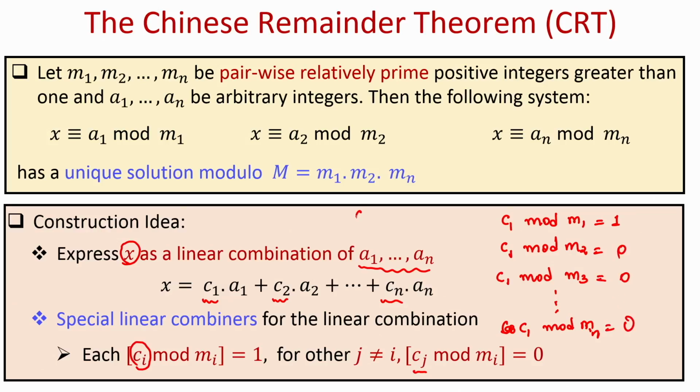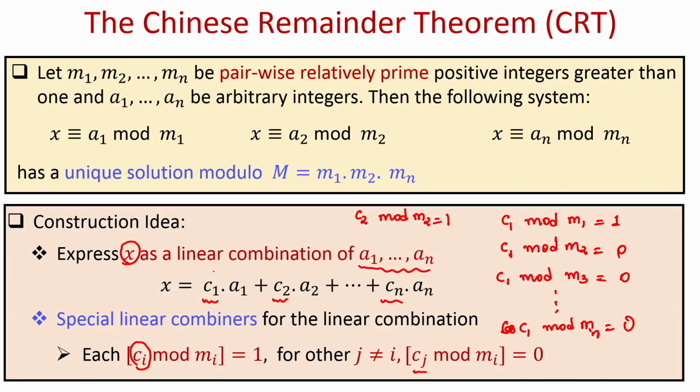In the same way, C 2 modulo m 2 will be 1, but C 2 modulo m 1, C 2 modulo m 3, C 2 modulo m 4, up to C 2 modulo m n will be 0. That will be the property of the special linear combiners.